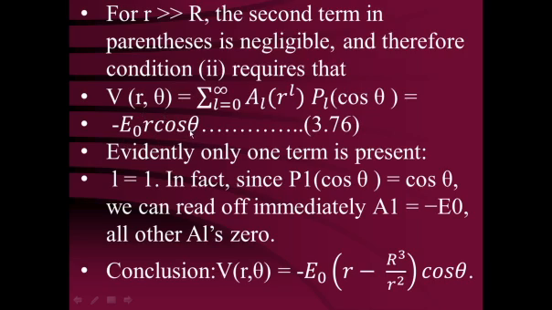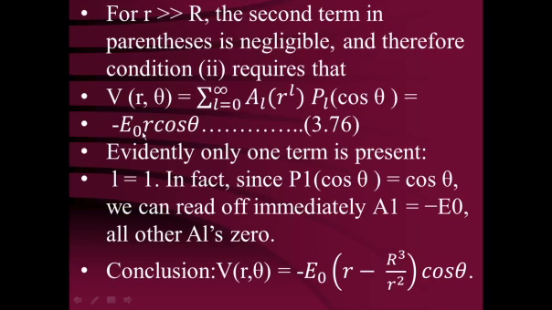So, we can compare both sides of this equation. On the left hand side what is there? A1 r to the 1 P1 cos theta, and on the right hand side minus E0 r to the 1 P1 cos theta. By cancelling r P1 cos theta on both sides, we get that A1 is equal to minus E0.